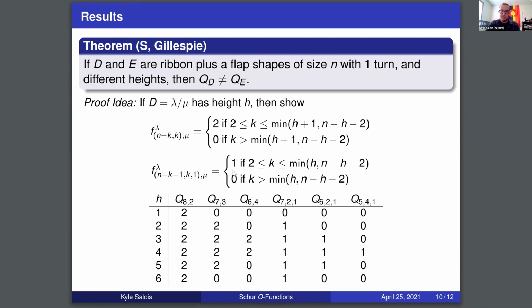And so these 2 families are really cool because the first one pairs them up. So for example, the Q73 component pairs up height 1 and height 6 because those have maximal coefficient Q82. But then the other family of coefficients where I have a single 3 are actually going to distinguish between those pairs. And so as a result, all 6 of them are different from each other.